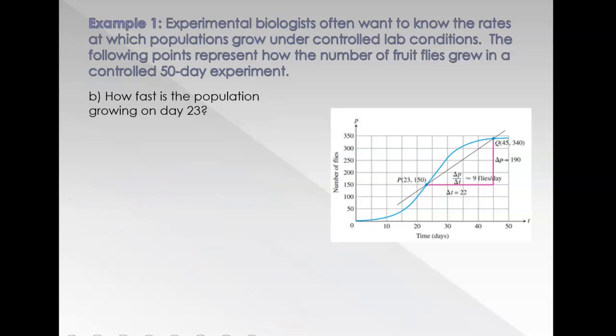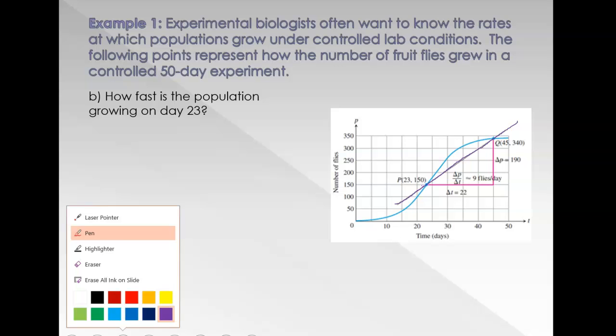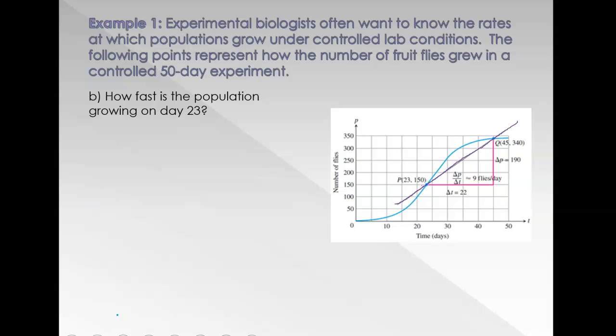Now, if the question changed and said, how fast is the population growing on day 23? Well, if you look at that original set of points, does the slope of this line look like it actually represents the slope of the line at this point here? No. Think about if I asked you to draw in the slope at a point here, you would try to draw it as close to the graph as humanly possible.